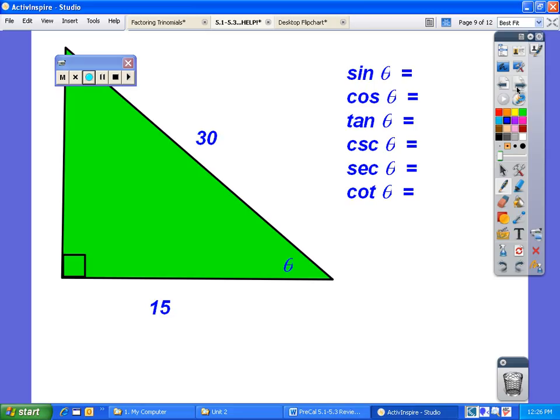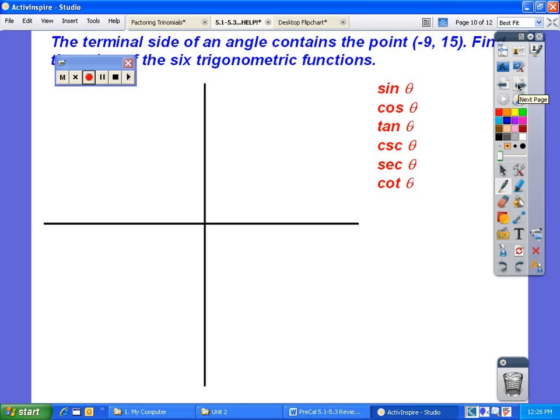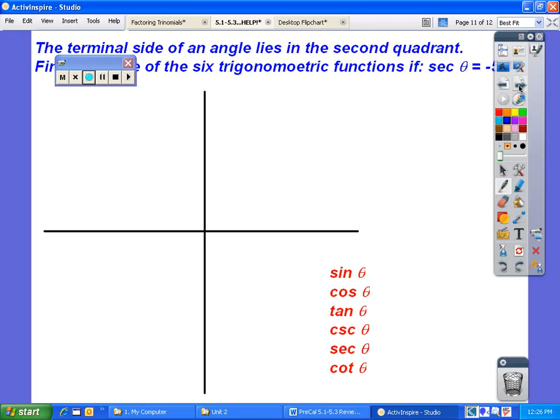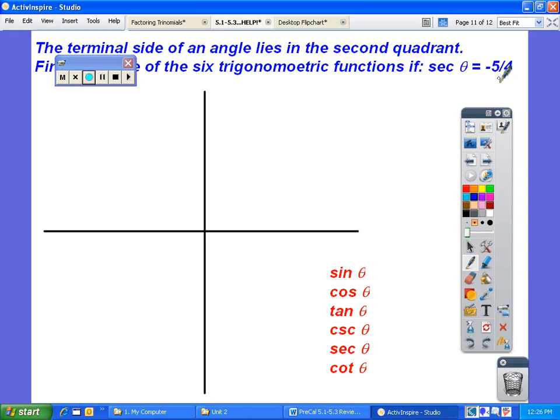Okay, when you do a problem like this, make sure that you plot the point, draw it to create your terminal side. Initial side is always going to be on the axis. Create your triangle so you can do SOHCAHTOA and Pythagorean theorem. And last but not least, if they give you a value, what you're going to do is figure out, okay, secant, that's the opposite of cosine.